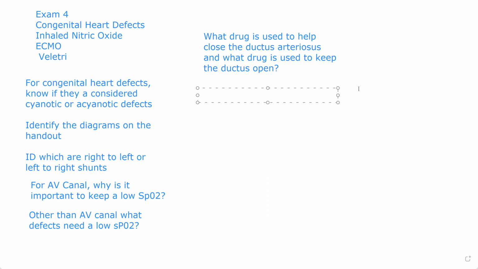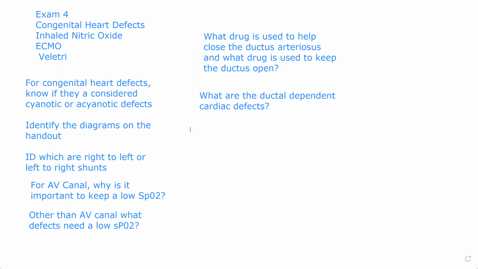And then there's a question: which of the following are ductal dependent cardiac defects? So ductal dependent defects, you need the ductus arteriosus to stay open.